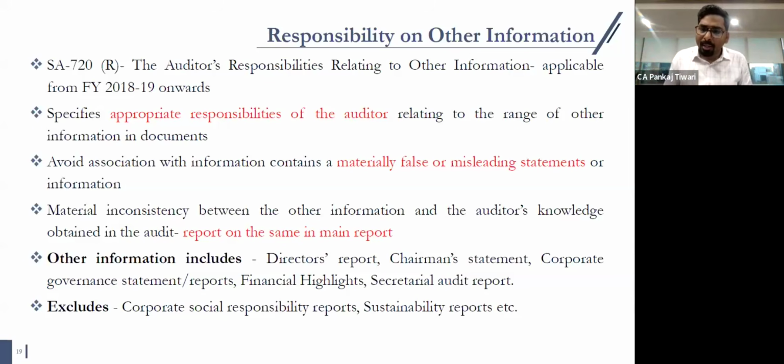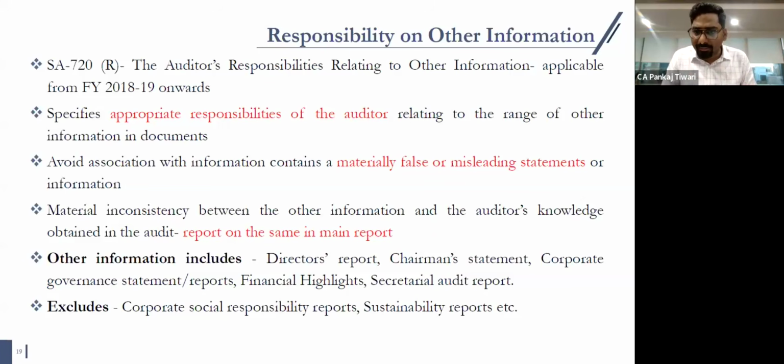Let me tell you, my friend, from financial year 2018-19, this information is also subject to review by the auditor. What do you mean by review by the auditor? The standard on auditing has mandated all the auditors of the company to review this information, which is presented either in the directors' report, or the management discussion and analysis, or the corporate governance report.